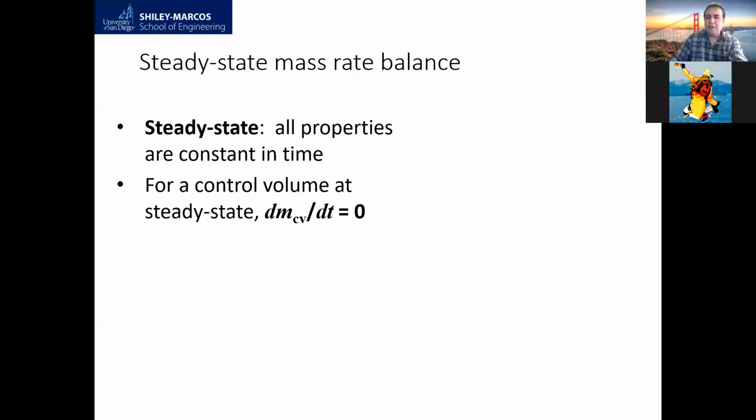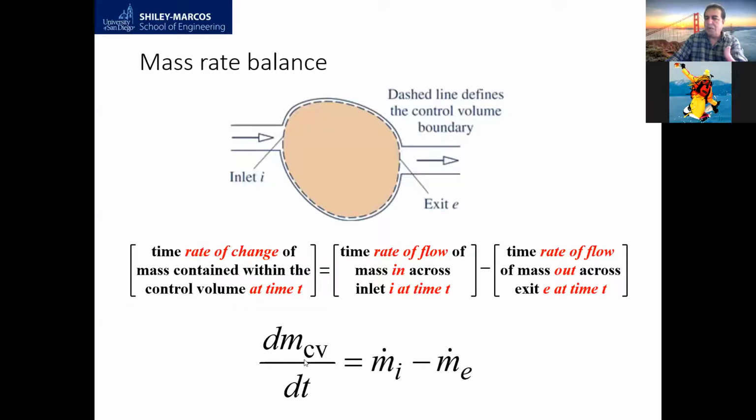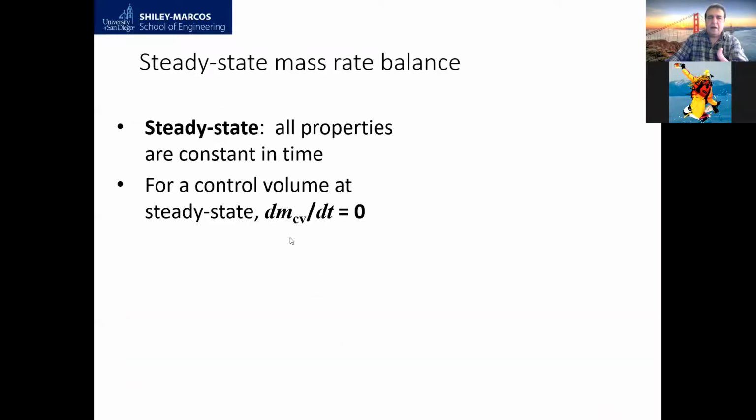All properties are constant in time for a control volume at a steady state. The left-hand side of this equation will go to 0. So the change in mass within the control volume over dt equals 0 for a control volume at a steady state.